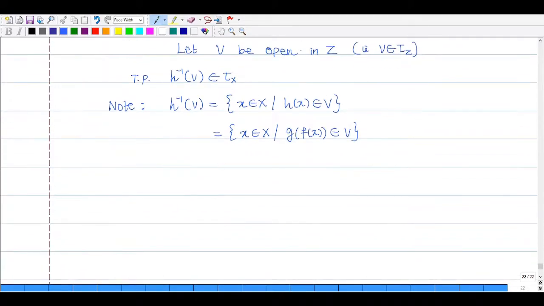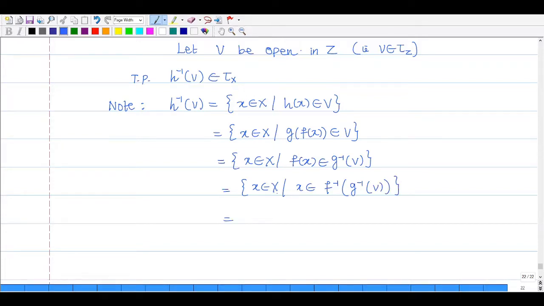ஓகே, இப்போ இது எப்படி எழுதலாம் அப்படின்னா, this is the set of all x belongs to capital X such that f of x belongs to g inverse of v. இதுல இருந்து இது எப்படி எழுதலாம் அப்படின்னா, this is the set of all x belongs to capital X such that x belongs to f inverse of g inverse of v. ஓகே, அப்ப this is nothing but f inverse of g inverse of v.